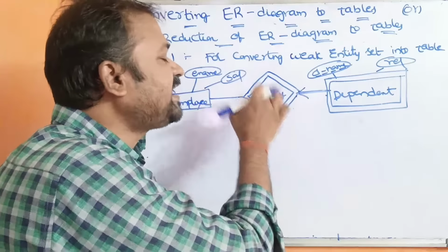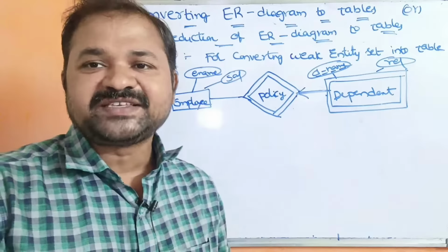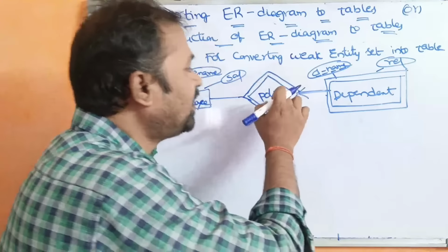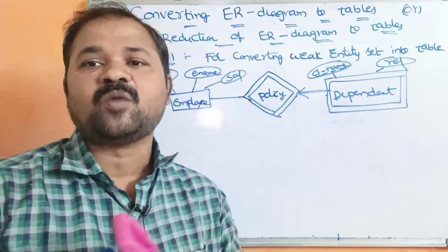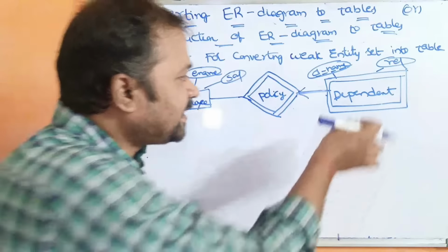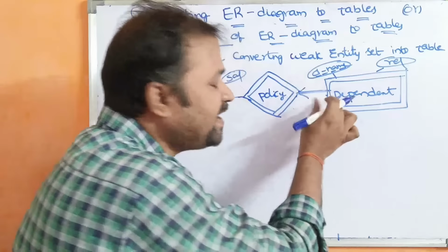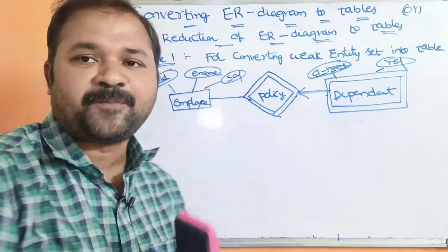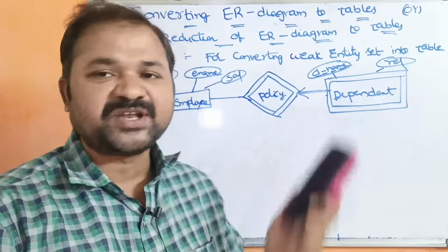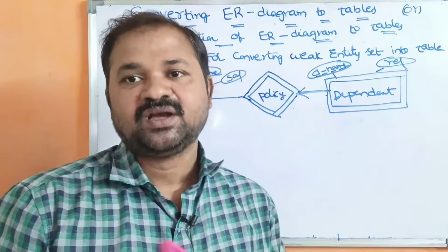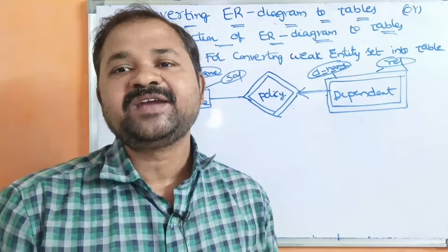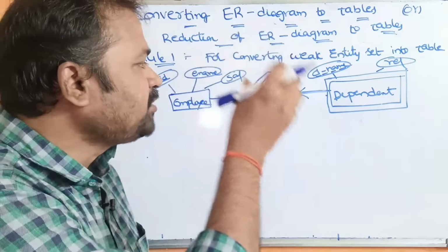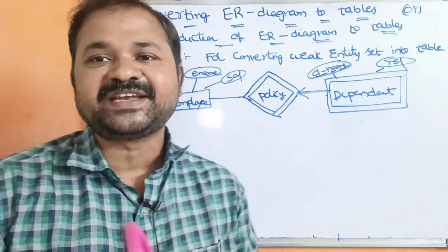So that's why the weak entity relationship is always represented by a double diamond symbol or double rhombus symbol. Okay. Here the participation is 100%. Why? Because dependent always depends upon the employee. So here the participation is total participation. Total participation is 100%. So how are we going to convert this weak entity set into a table?